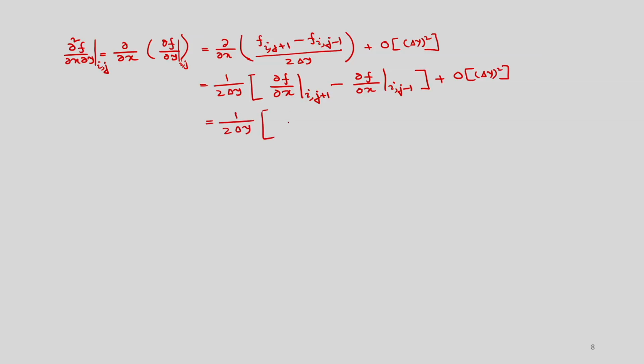So, for ∂f/∂x at (i, j+1), if you use the central difference, you can write [f(i+1, j+1) − f(i−1, j+1)] divided by 2Δx.